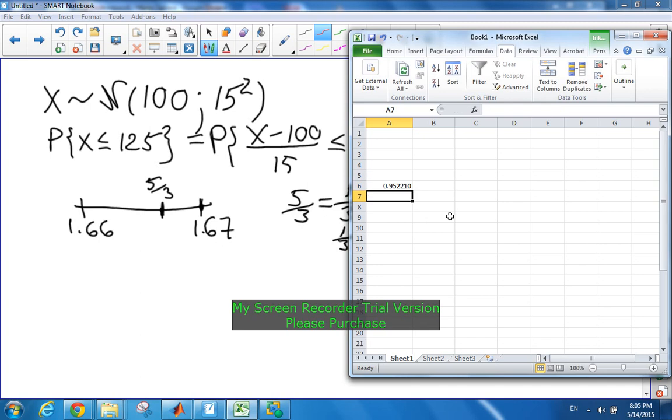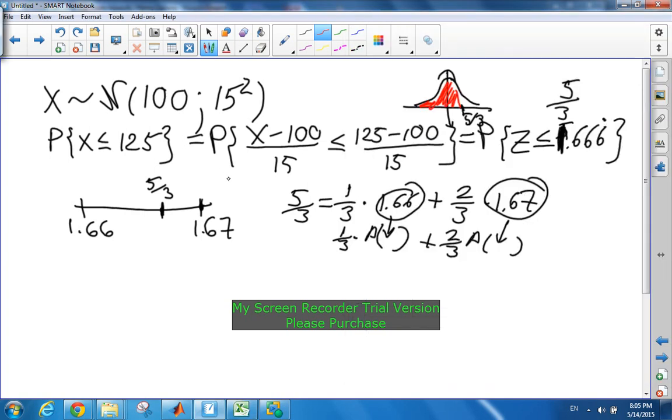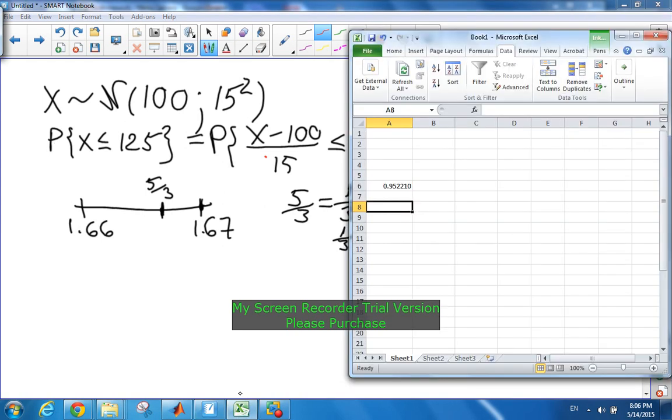Now, if you are actually using Excel, you don't need to do these transformations and convert to the z distribution. You can immediately do this, but you just need to specify that your X has a normal distribution with mean 100 and standard deviation 15.